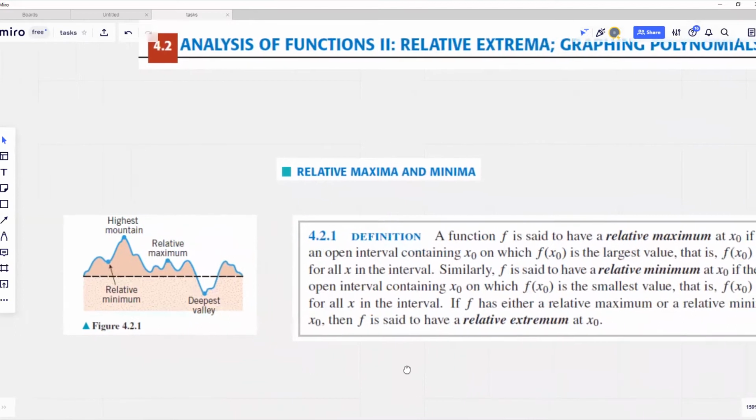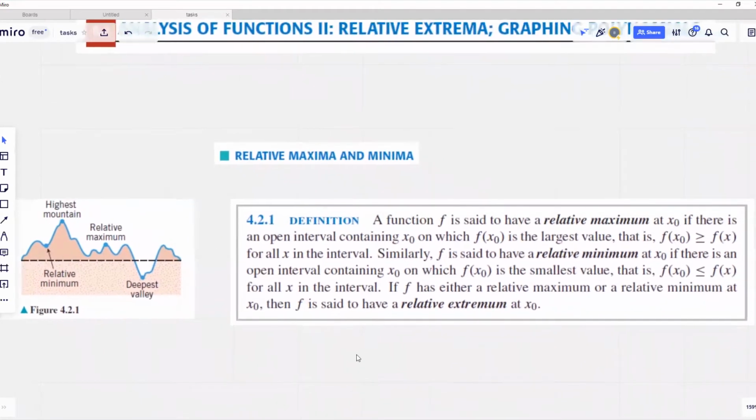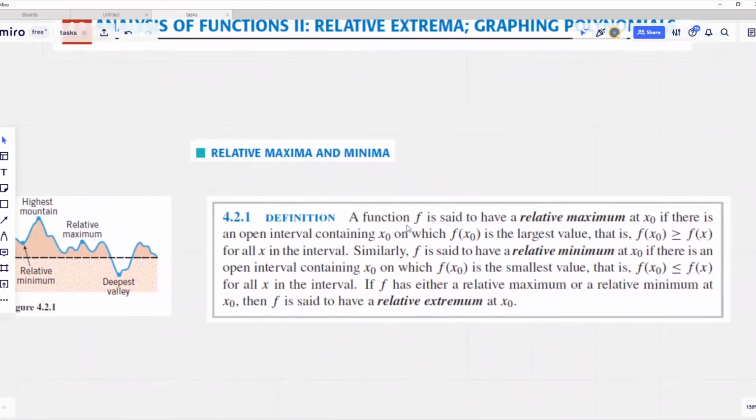So let's formalize the definition for relative extrema points. Function f is said to have a relative maximum at x0 if there is an open interval containing x0 on which f at x0 is the largest value. That is, f at x0 is greater or equal than f of x, where x is any x in that open interval.